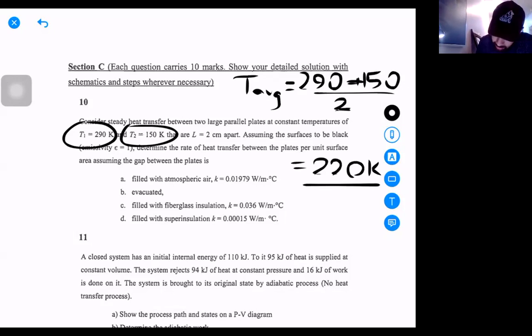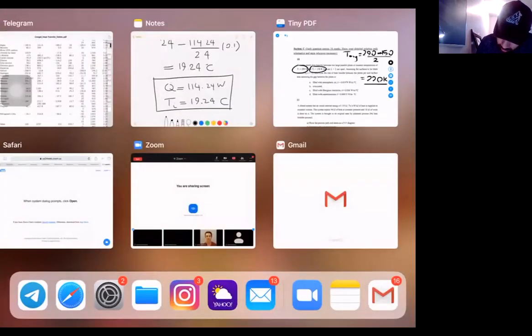So for air, for example, let me go to my notepad here. I don't have much space there.